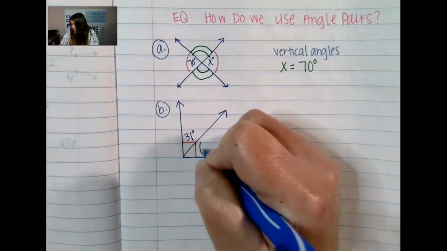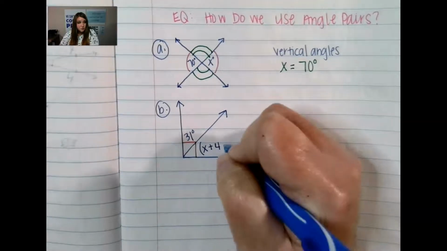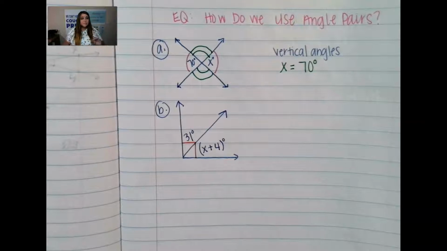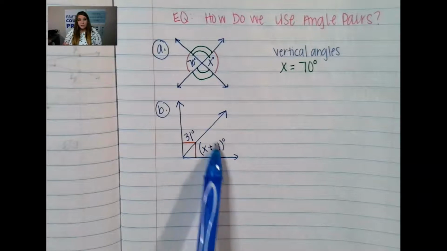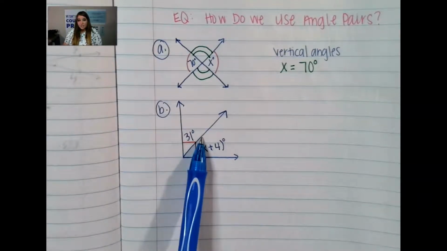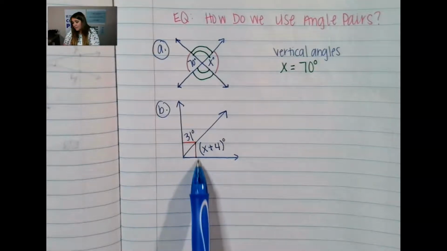And then over here it says X plus 4 degrees. Okay, so this is saying that this side over here is X plus 4, but this side over here is 31. And we know that this whole thing equals 90 because of this red box.